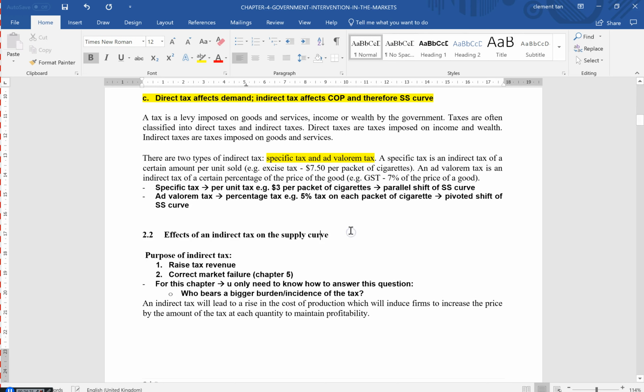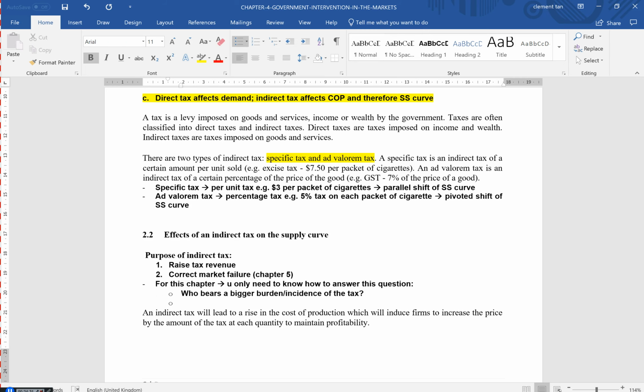So that's all you need to know. The purpose and other limitations of tax, you'll be in chapter 5.